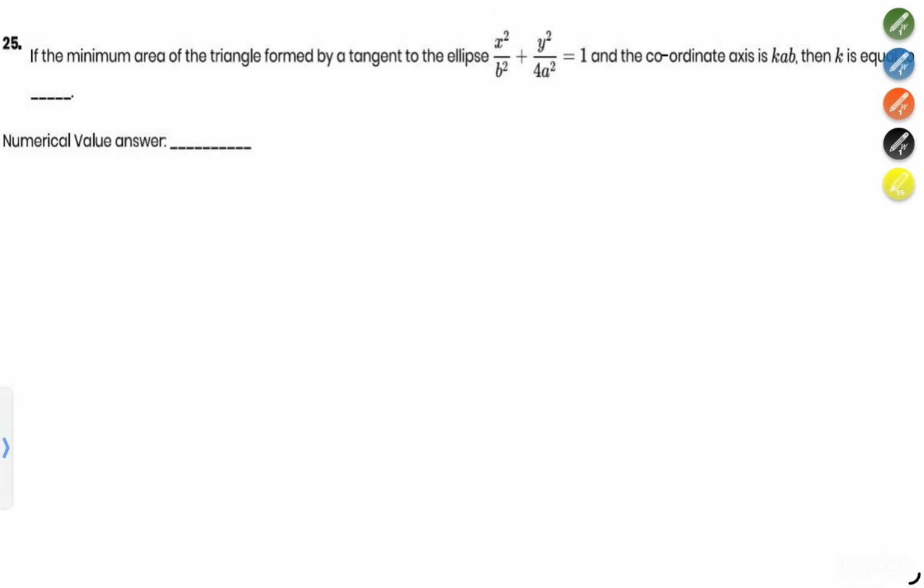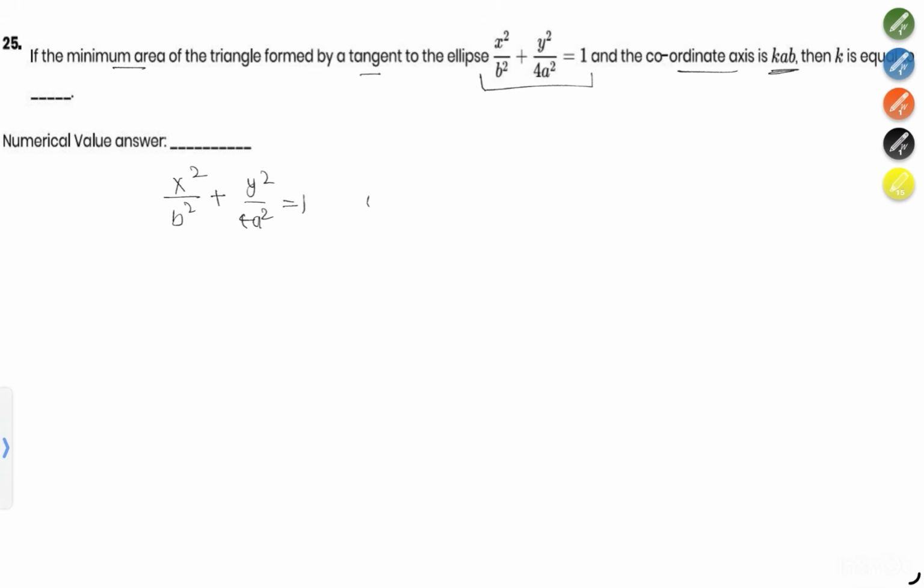In question number 25, they have given the minimum area of the triangle formed by the tangents of the ellipse. The ellipse is x square by b square plus y square by 4a square equal to 1, and the coordinate axis is given.